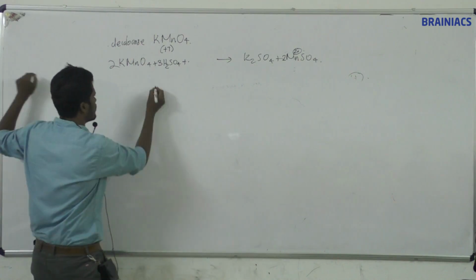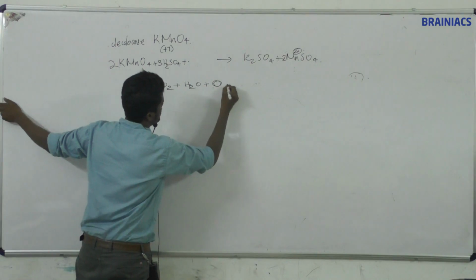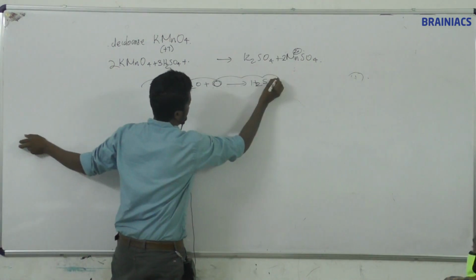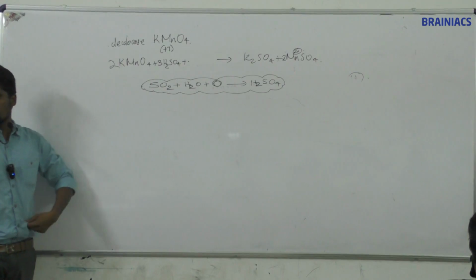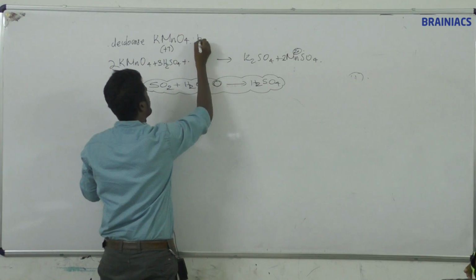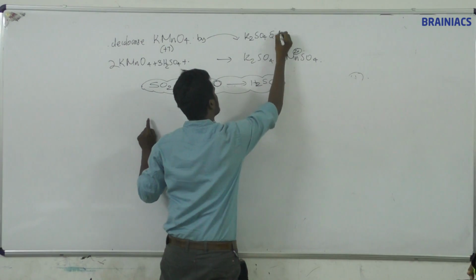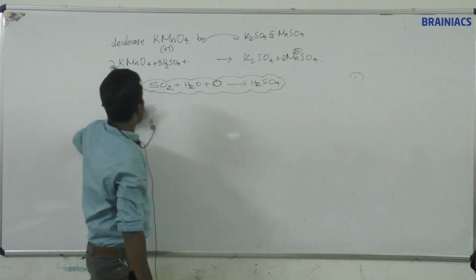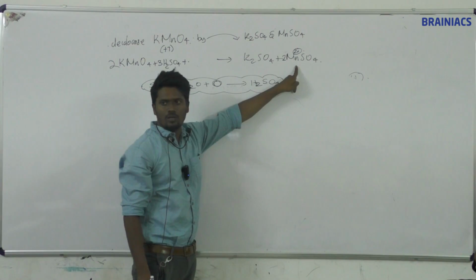Look at the reaction here: SO2 plus H2O plus one oxygen gives H2SO4. This is the balanced equation. KMnO4 is converted into K2SO4 and MnSO4. How many K? 2K, so 2 KMnO4. How many MnSO4? 2.